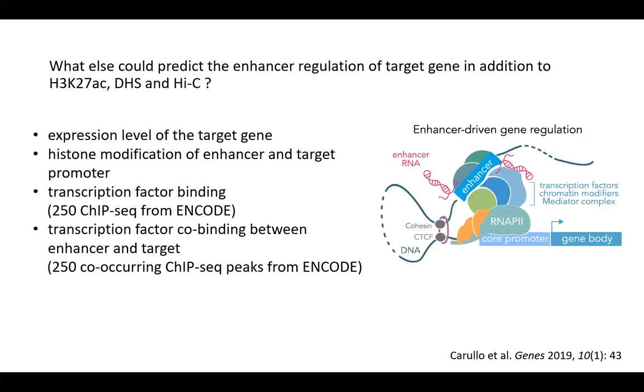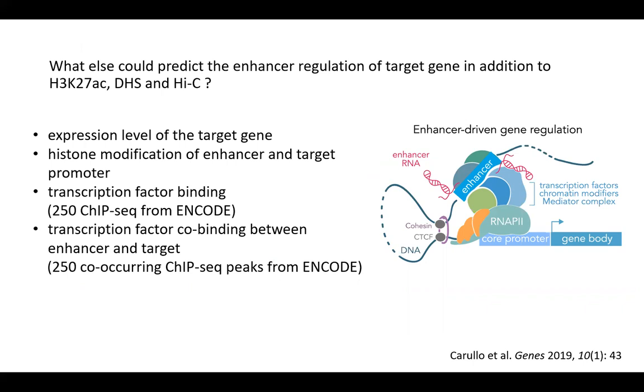And we were curious, since this model is all based on theory, whether a machine could learn the model better. And we thought about what kind of factors we could put into the machine in addition to enhancer strength and physical contact.